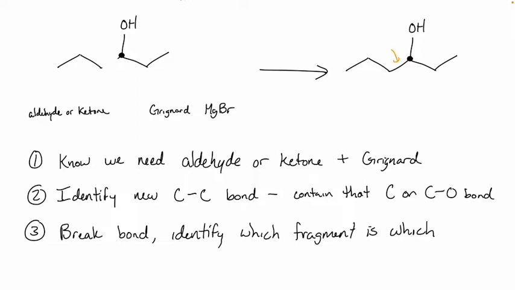All right, and the key here is that this carbon with that oxygen bound to it is going to be my carbonyl carbon. That's going to contain that carbon-oxygen double bond. So that means that this fragment here, these three carbons, are going to be my aldehyde, and the other three are going to be my Grignard.